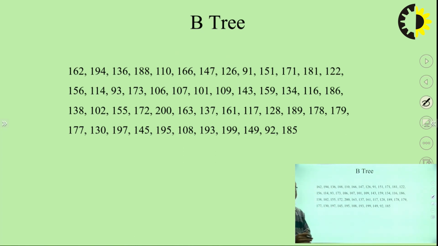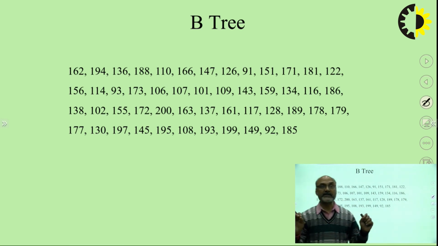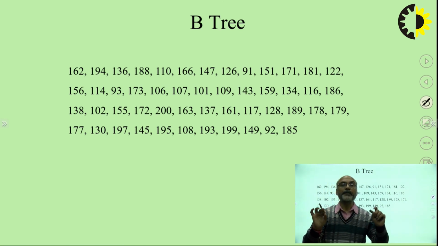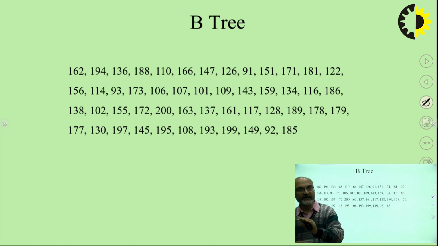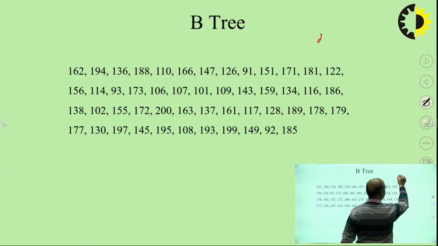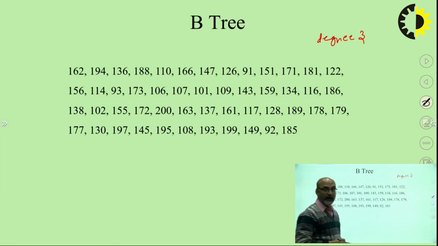Picking the first value 162. The question statement will be printed like this: insert following keys in an empty B tree with degree 3, with degree 4, with degree 5. Suppose degree 3 is given. We automatically compute the minimum and maximum bound of each node.